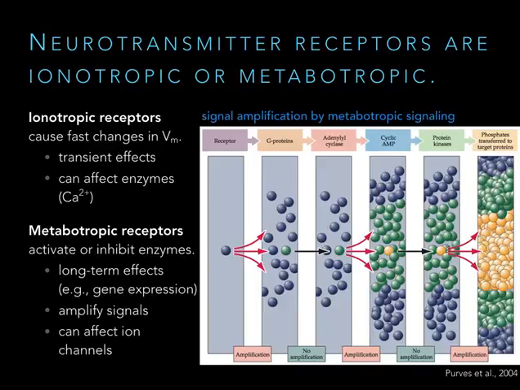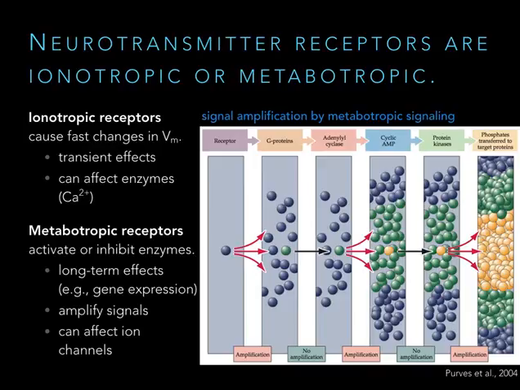So we activate our receptor. That one receptor can activate many G proteins. Each G protein is going to then act on its target enzyme. In this case, they're using adenylate cyclase. That's an enzyme that's going to create cyclic AMP from ATP. So we have another round of amplification where each adenylyl cyclase is generating many molecules of cyclic AMP.